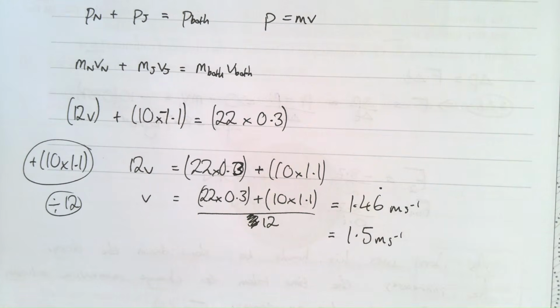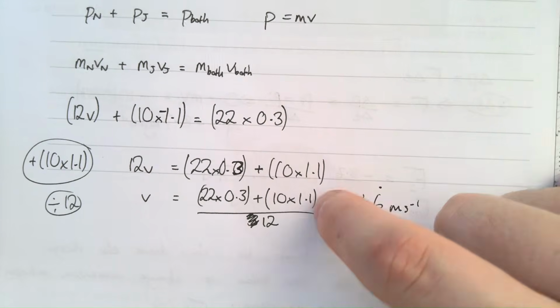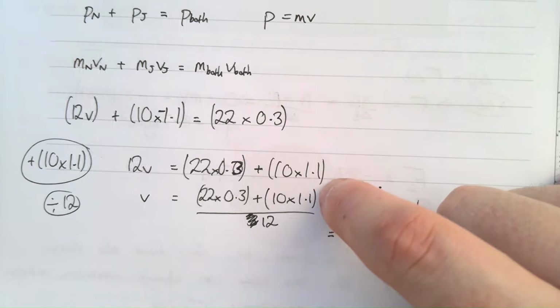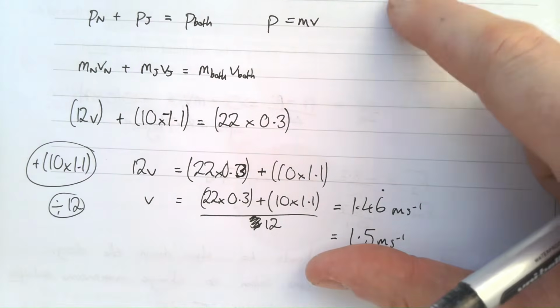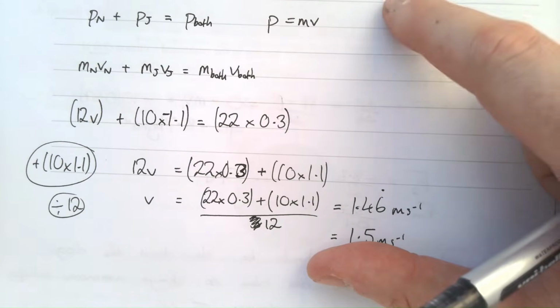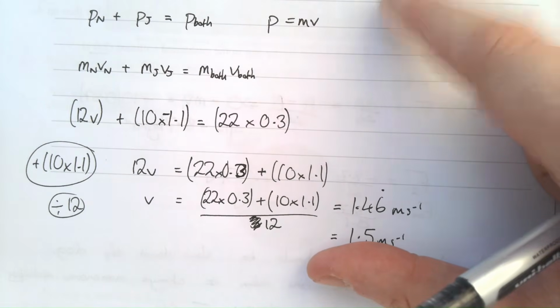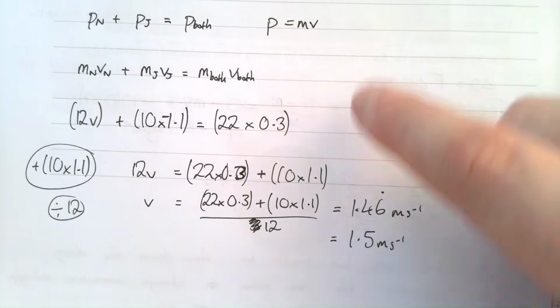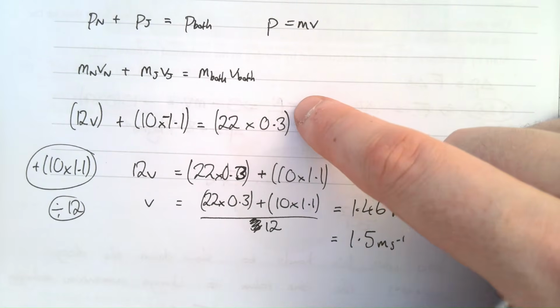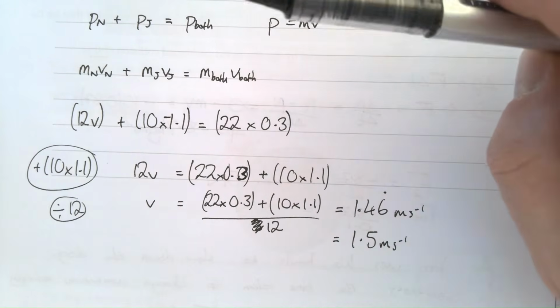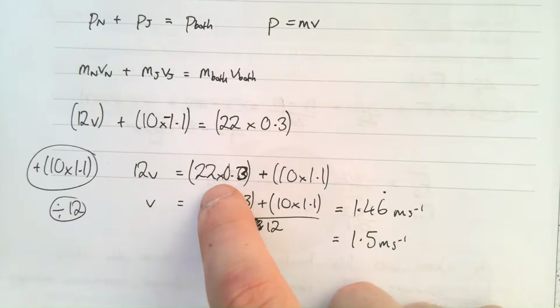If you had these momenta individually calculated, and you had stated that momentum is conserved in some way or another, that was enough for merit. And if you calculated any value of momentum, that was enough for achieve. Now, if I was marking this and I'd seen this written down, I would probably have counted it.